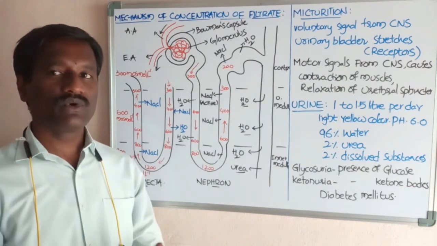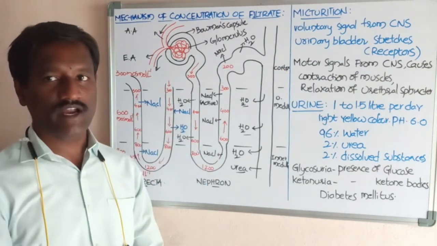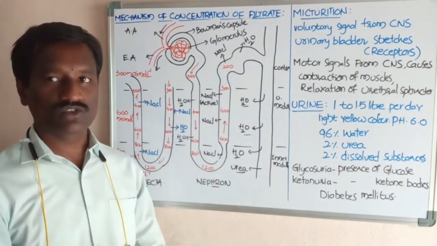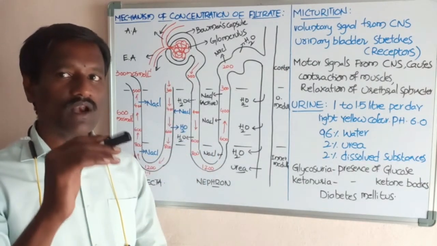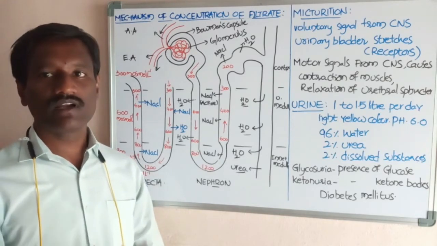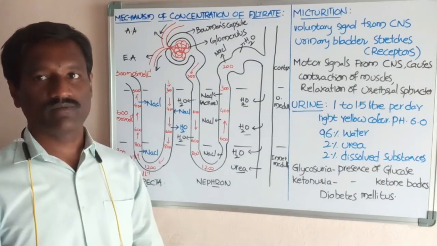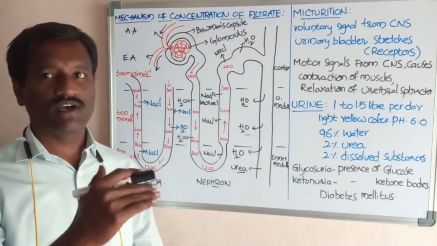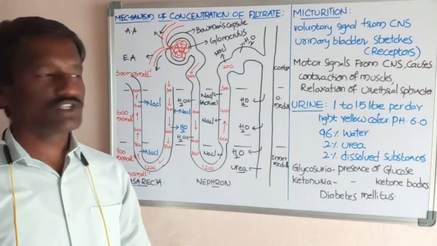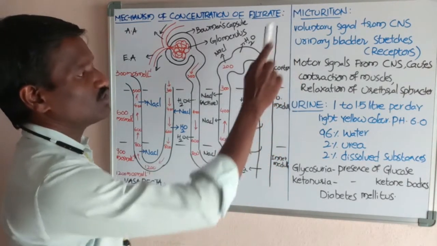Now the urine exits to the outside. The neural mechanism involved in micturition is called the micturition reflex. Okay, students, now this is about micturition.